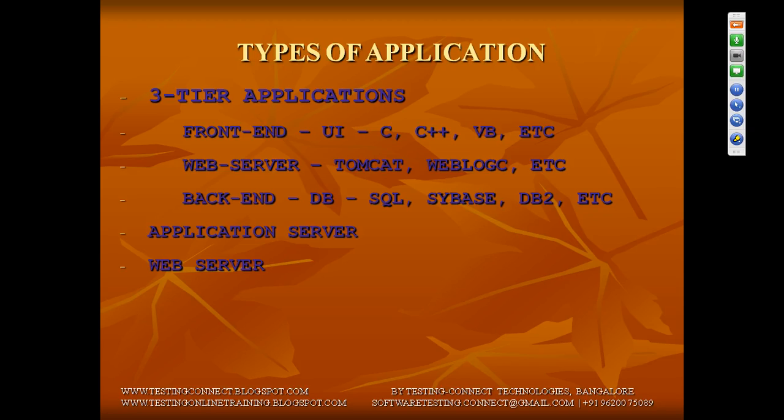So tomorrow if a problem occurs in any place, you can go there, test and rectify easily. You can consider that as n-tier applications, that means n layers. So these are the different types of applications.